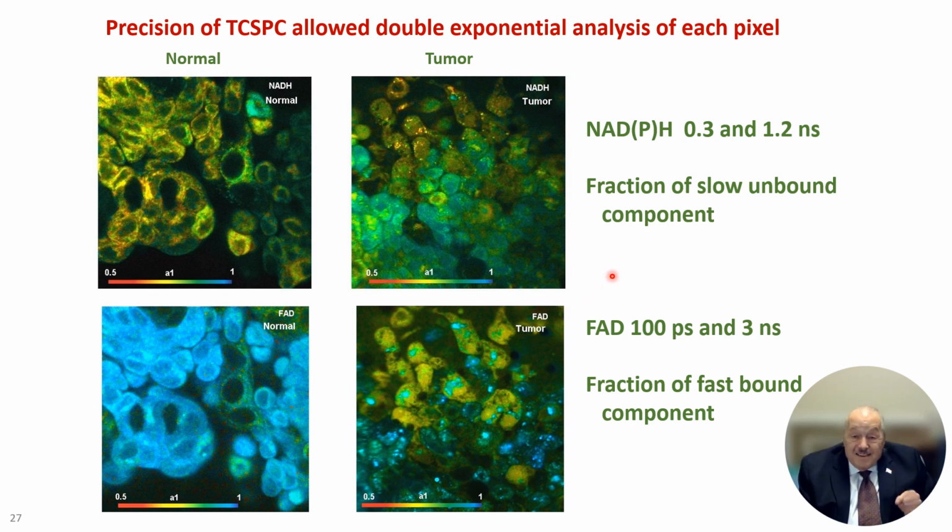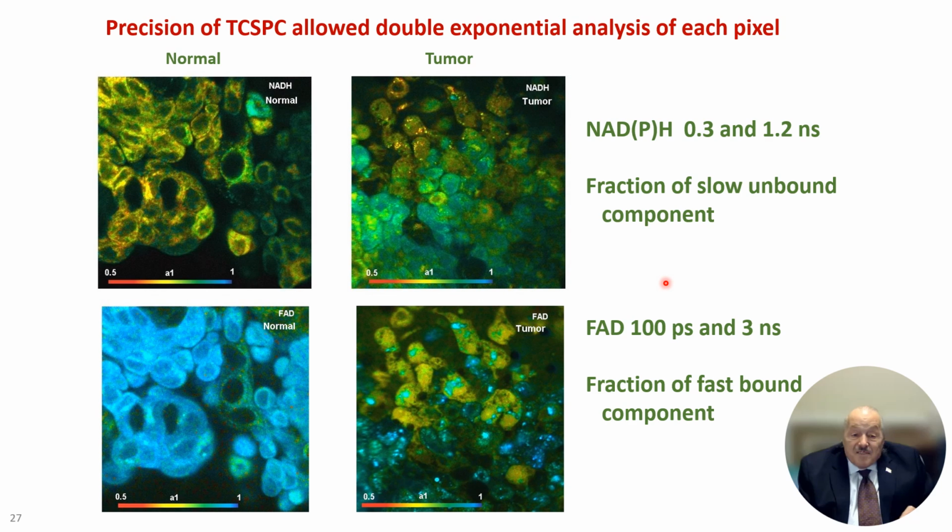So they did a multi-exponential analysis at each pixel, and they extracted the fraction of the slow component in the case of NADPH. So these are the images of the intensities or the amounts of the slow component, which is higher in the tumor cell.